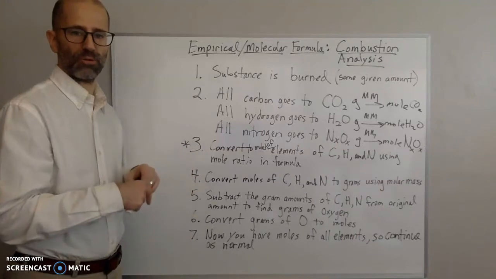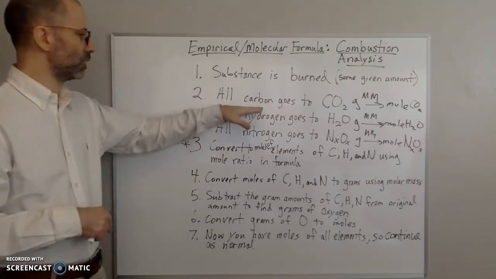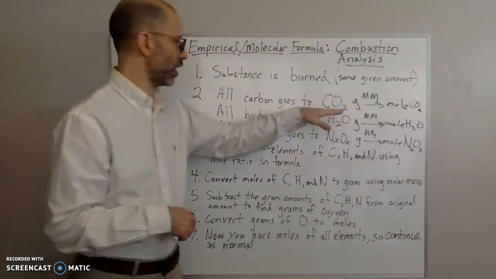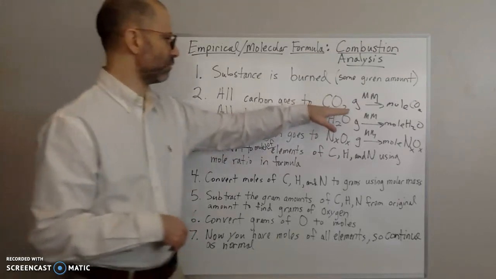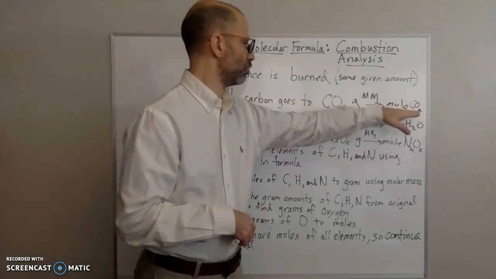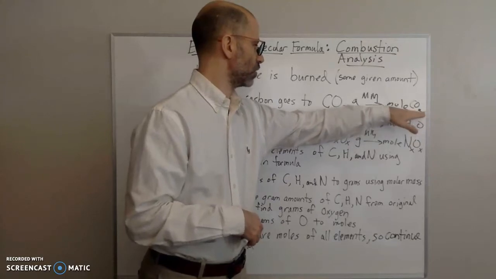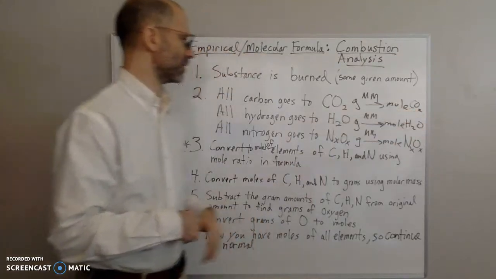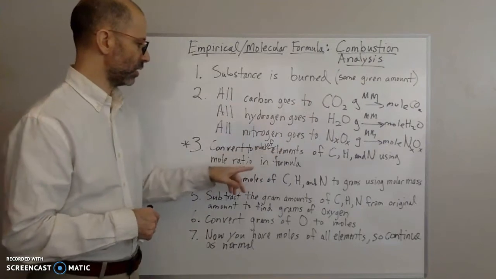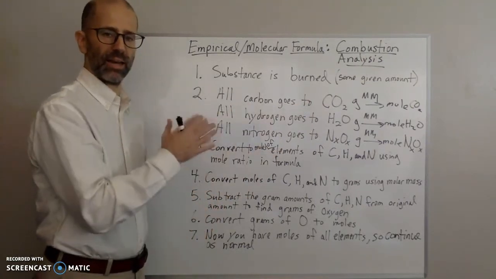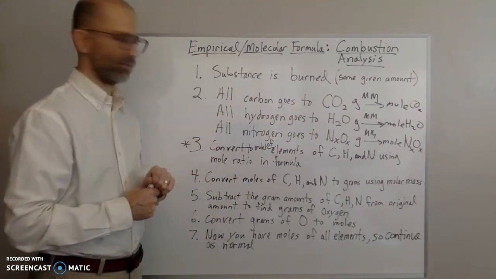Your pseudo-empirical formula when you find it, right? Same thing with the carbon. So as soon as you convert carbon dioxide from grams to moles, and then you use the 1-to-1 ratio to convert from moles of carbon dioxide to moles of carbon, you're going to circle that and then save that for later, right?